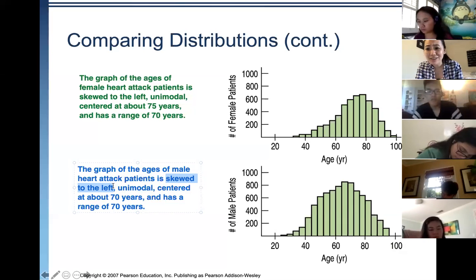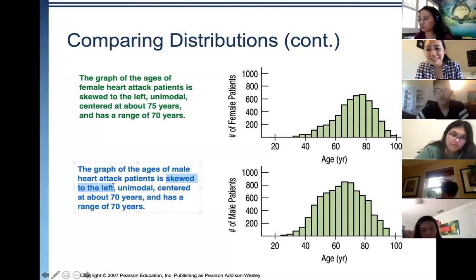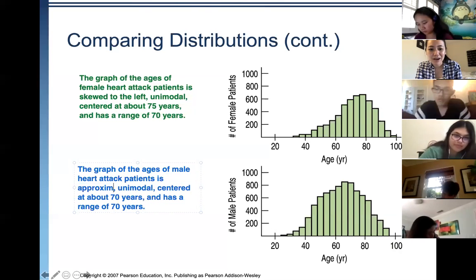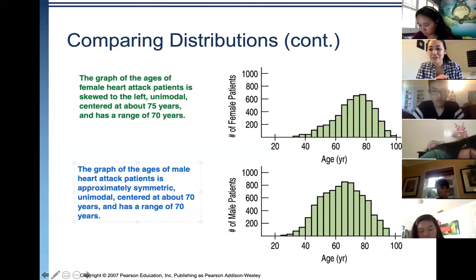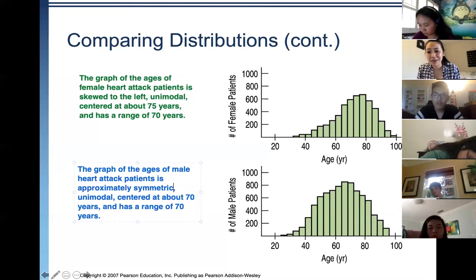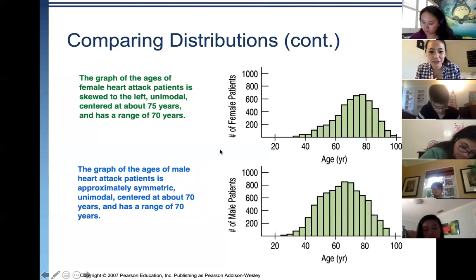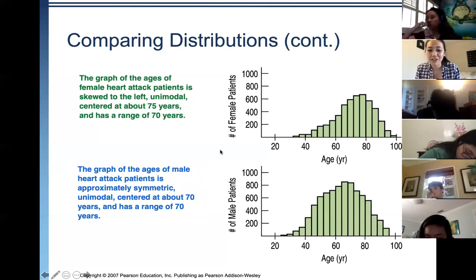I think it leans more towards symmetric, so I'm going to say approximately, or you can say roughly symmetric for this one. So the graph of the ages of male heart attack patients is approximately symmetric, unimodal, centered at about 70 years, and has a range of 70 years. Nicely done.